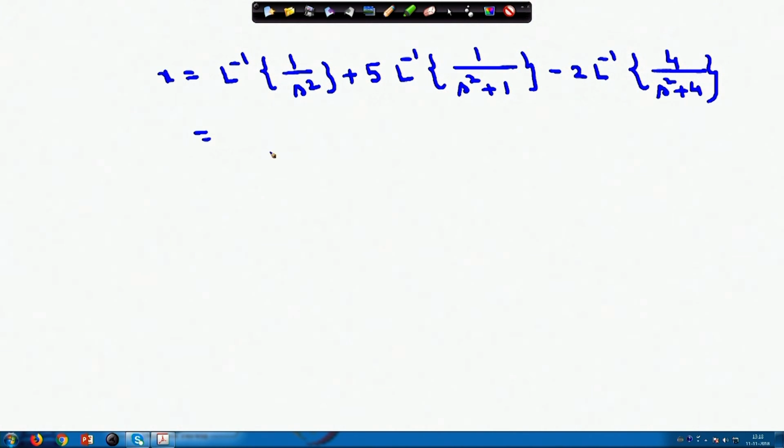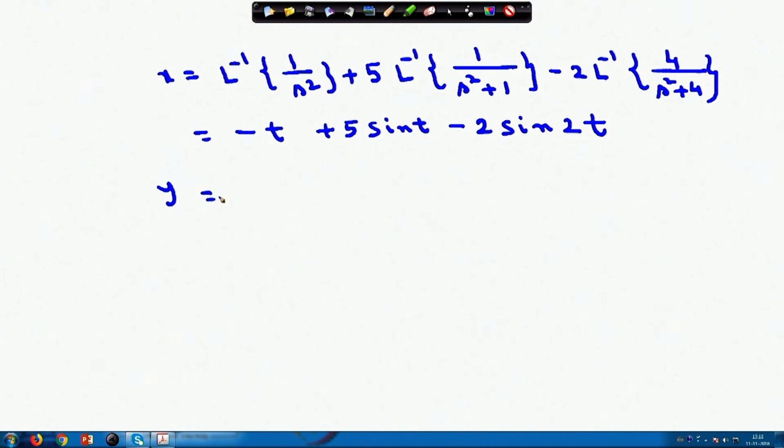Laplace inverse of 1 by s square is minus t, 5 into 1 by s square plus 1 will be sin t, minus 2 into, here a is 2, so a by s square plus a square, sorry, this is 4 by s square plus 4. So, this will be twice sin 2t. And once I have this, I get x as a function of t.